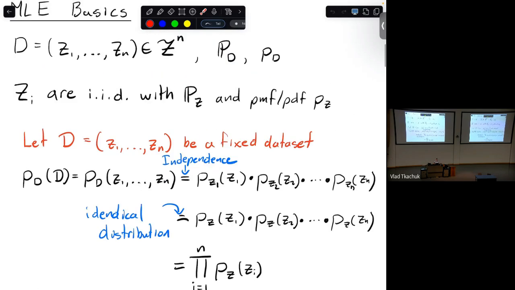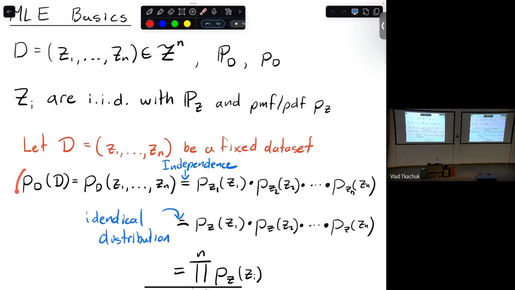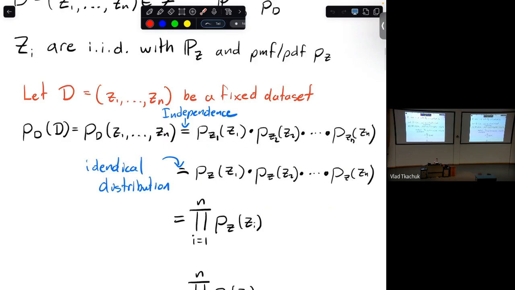The beautiful thing is that if you look at the probability density of a particular data set, because of this independence, you can break up that PDF or PMF into a product. This was one of the rules we had of independence. It's very nice. And then the identically distributed property allows us to substitute each one of these PMFs or PDFs with the same thing, because they're all the same distribution.